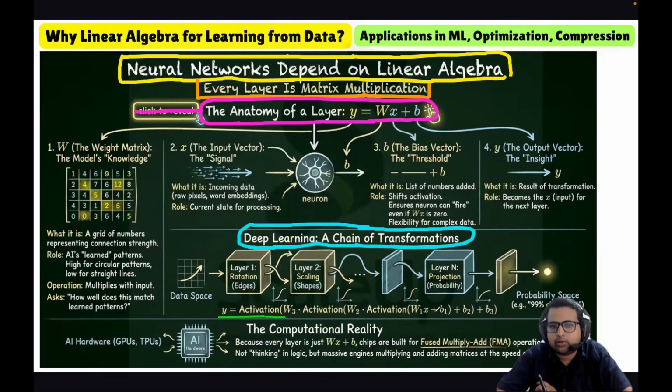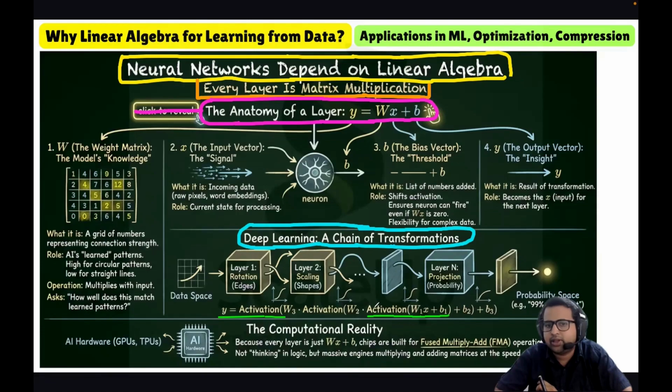To make things easy, we start with the first layer, where we calculate W1 x plus b1. The result we pass through an activation function, and that result we multiply with W2 and add b2, because we know that the result of the first layer will be the input for the second layer.